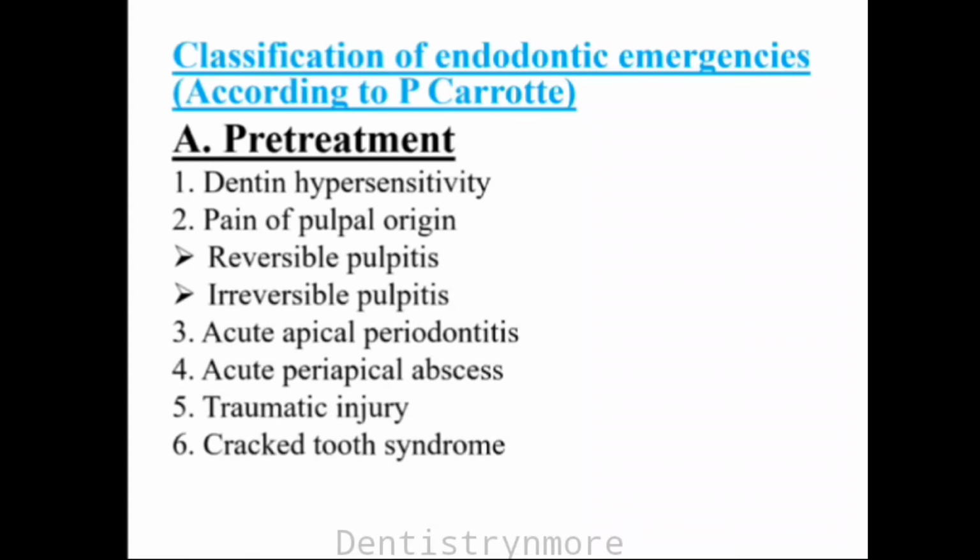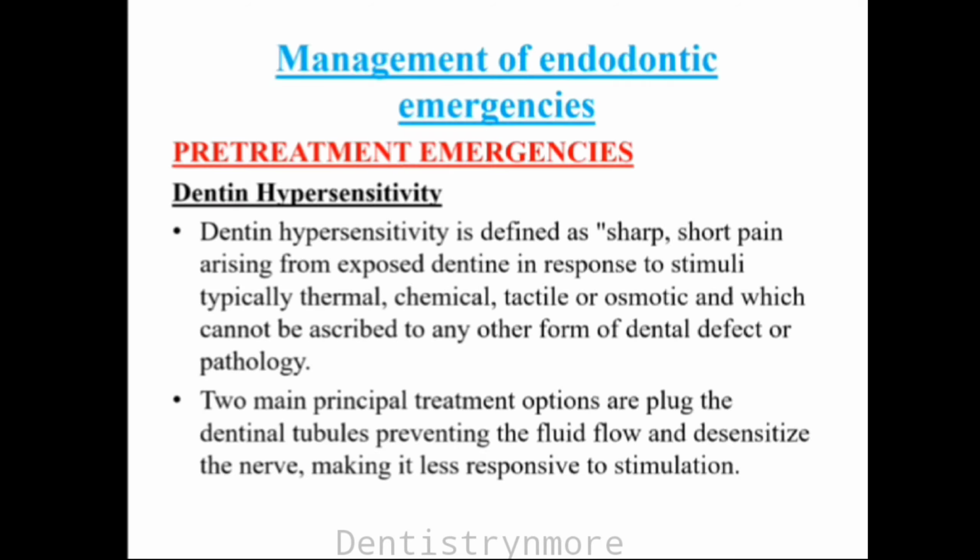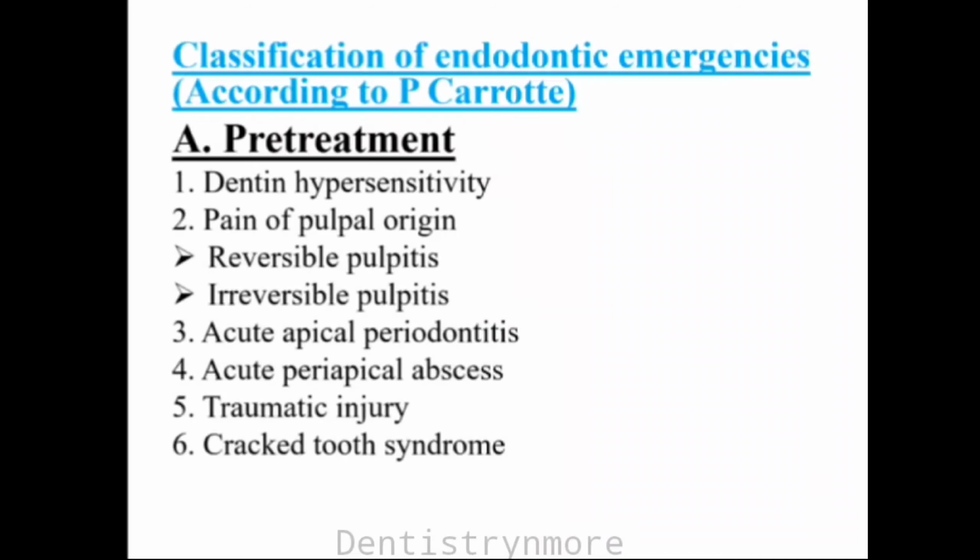The classification of endodontic emergencies includes pre-treatment, patients under treatment, and post-endodontic treatment. First, pre-treatment includes dentine hypersensitivity, pain of pulpal origin, that includes reversible and irreversible pulpitis, acute apical periodontitis, acute periapical abscess, traumatic injury and cracked tooth syndrome.